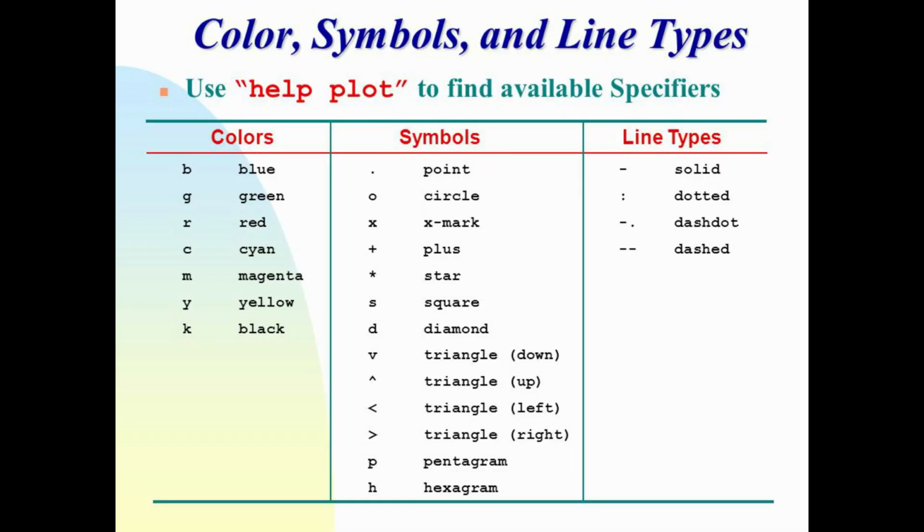Okay, if you want to color the graphs, there are 8 basic colors you can use. You can also choose different textures of the graph, like a dotted form, a circles form, or in the form of dashes. You can change the texture of the graph, and also you can change the colors.